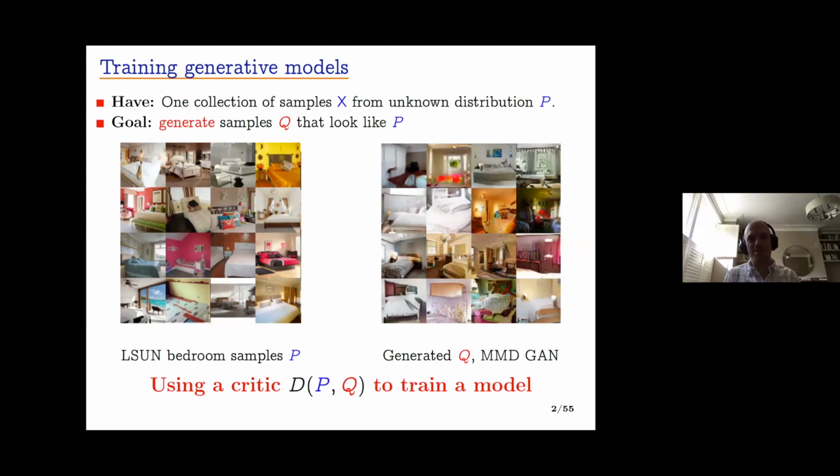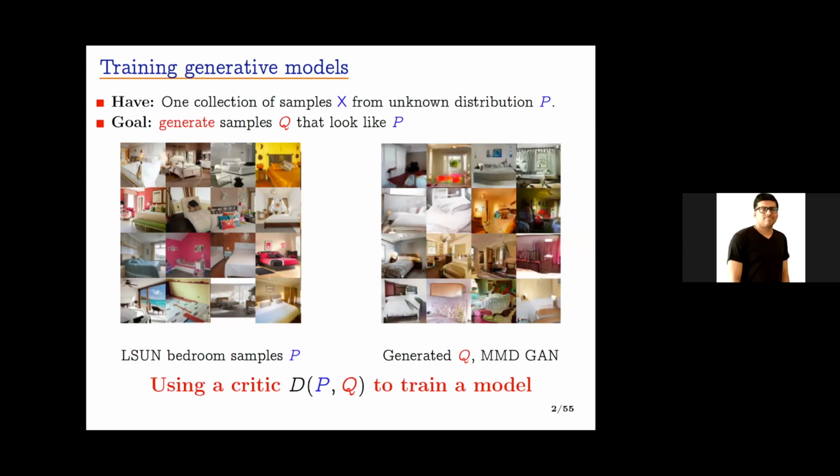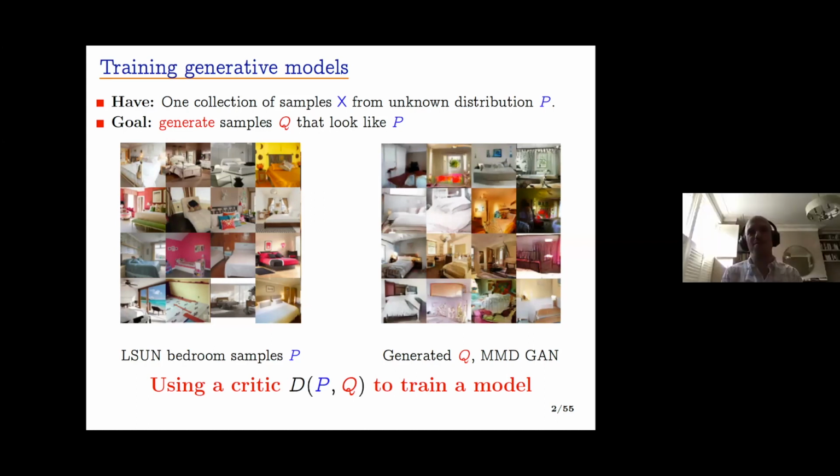My critic function is going to be something that compares my source distribution P, my real bedrooms in this case, to my generated distribution Q, my artificially generated samples. This critic function is going to give an indication to my generative neural network that these distributions are getting closer. So it will be, in some sense, the loss function for my generative model.